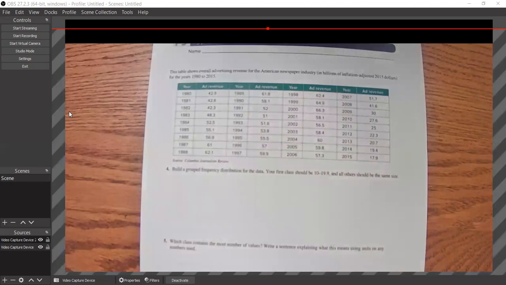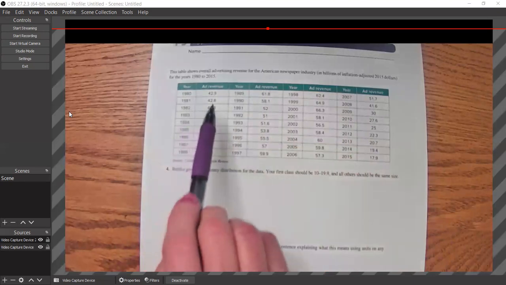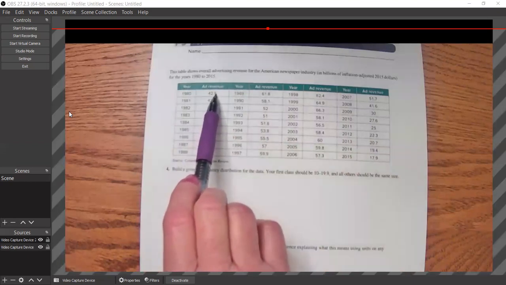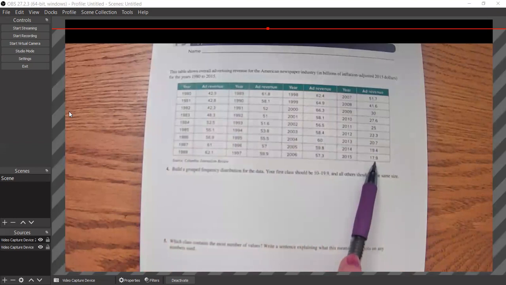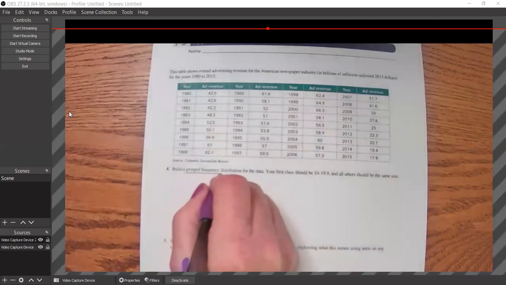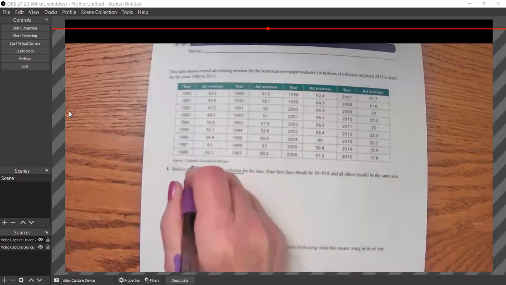And these are all inflation adjusted. So this would be $42.9 billion in 1980, and then we're down to $17.9 billion in 2015. So here we are asked to build a grouped frequency distribution.